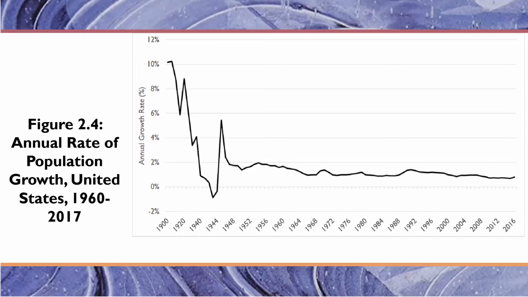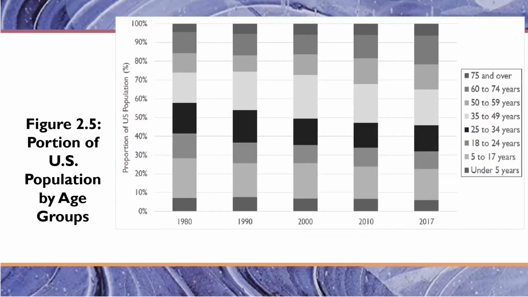But the next interesting question you want to ask yourself about the composition of a society is not simply how fast is it growing, but what's the nature of the population in terms of age categories. And that's shown in this next figure, in which I show the proportion of the population by age groups. I'll let you look at this more carefully in the book.